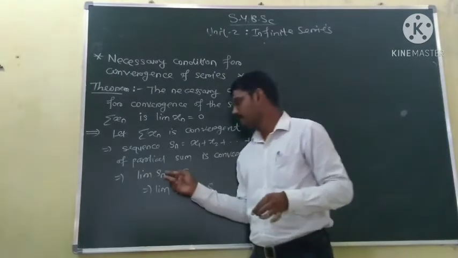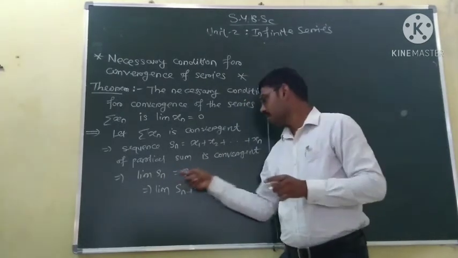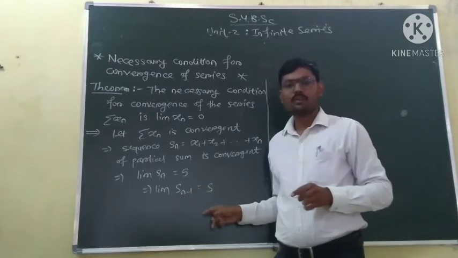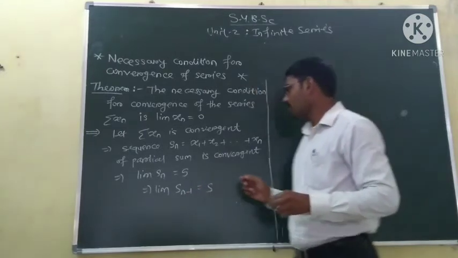Because the sequence Sn is convergent and its limit is S, so the limit of Sn minus 1 is also equal to S.